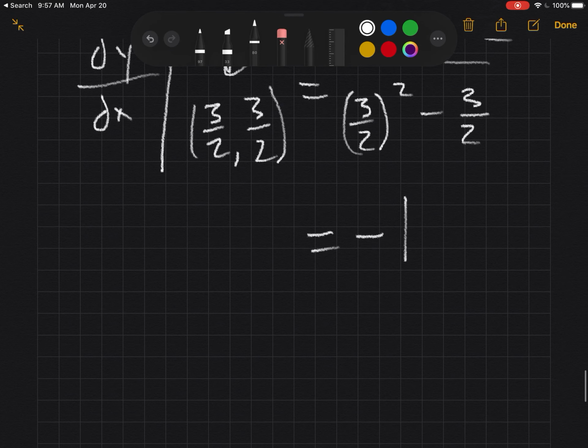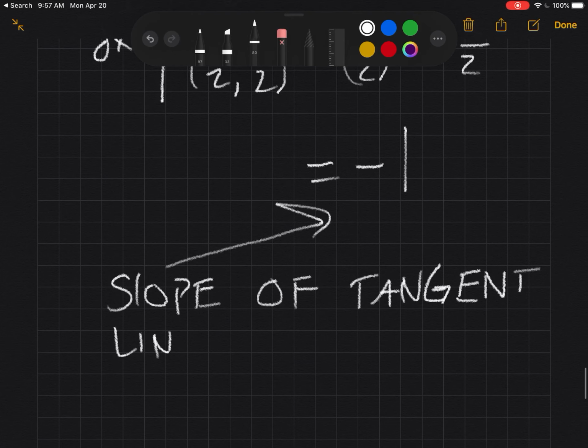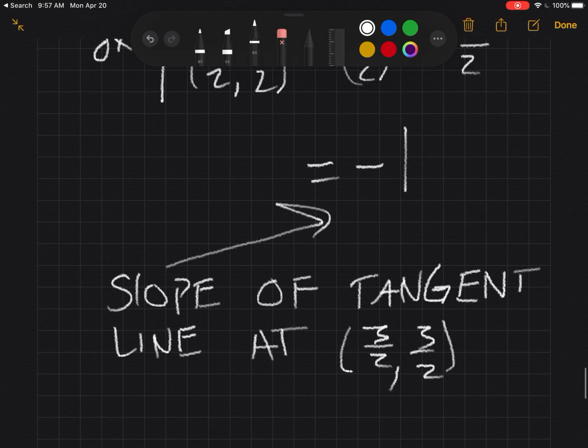That means plug this point into your derivative and solve. So that would be saying take negative (3/2) squared plus 3/2, divided by (3/2) squared minus 3/2. And if you do that, you get negative 1.